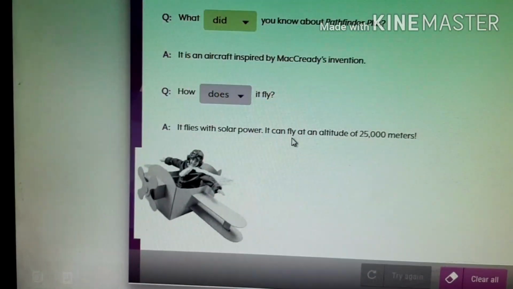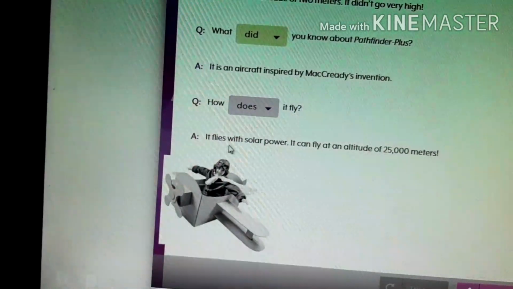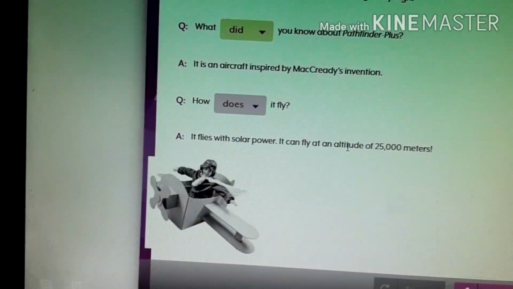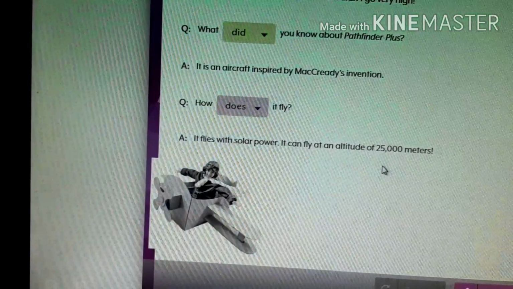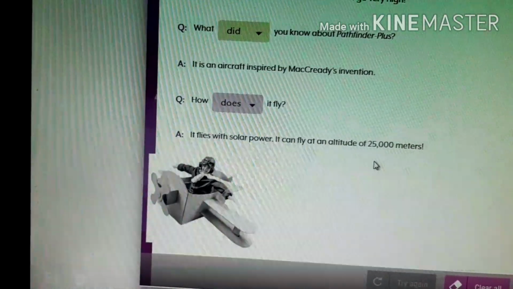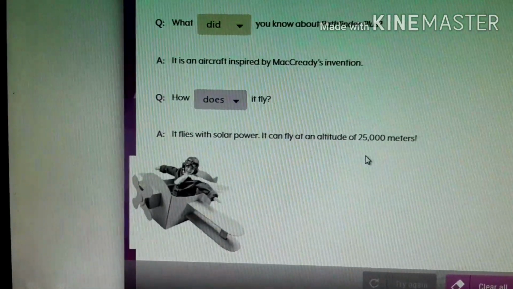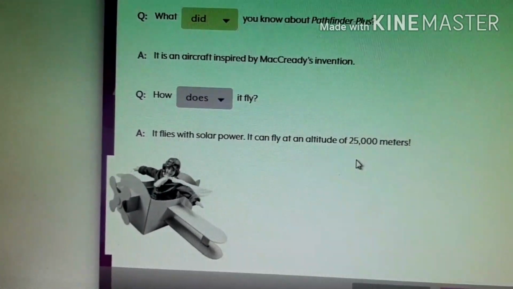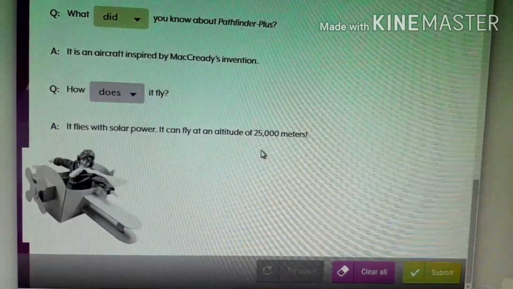Imagínense, vuela con el poder solar. It can fly at an altitude of 25,000 meters. Imagine, it flies with solar power. Okay, here we have the activity for this book.